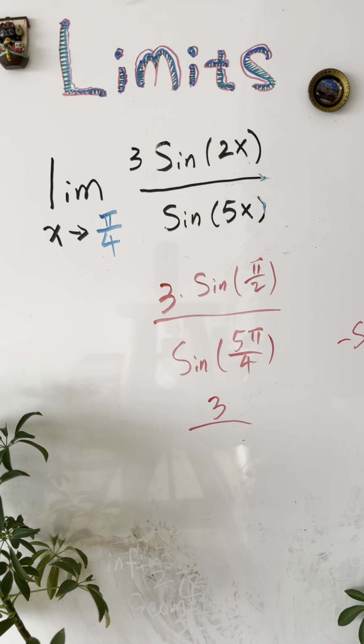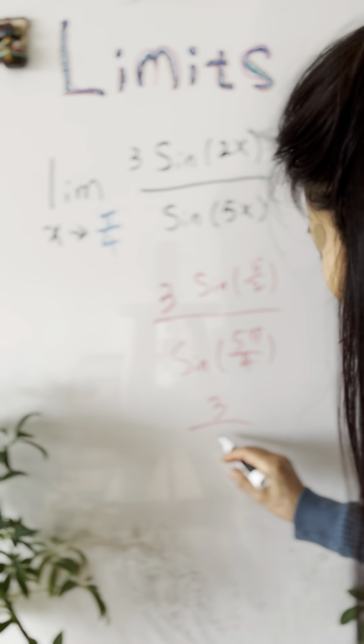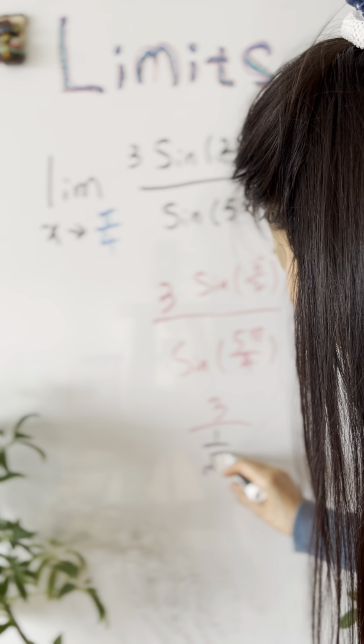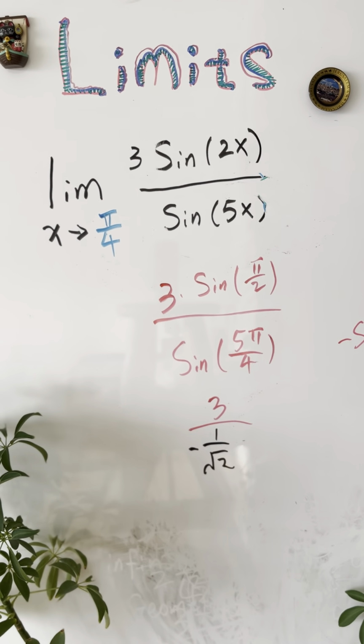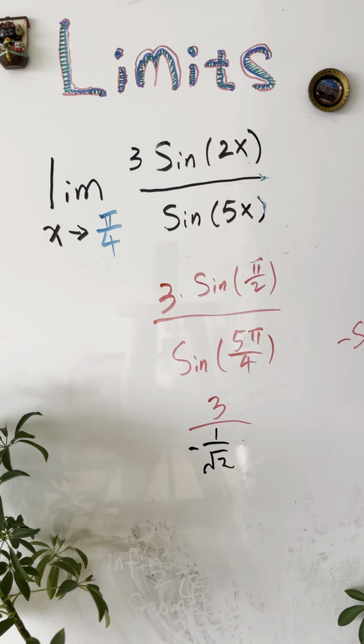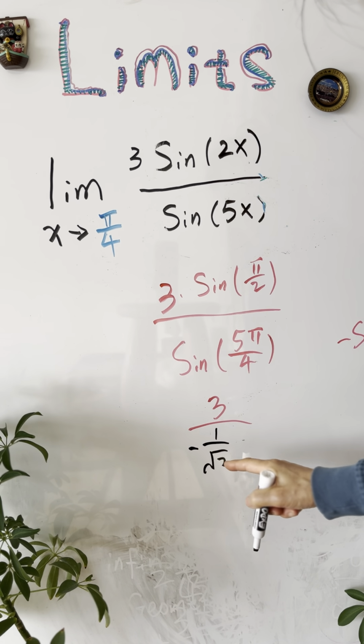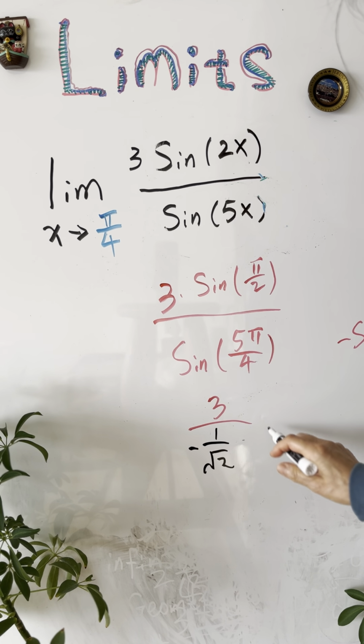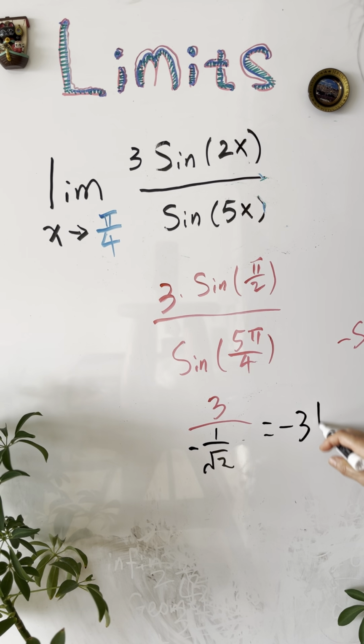We know sine pi over 4 is 1 over square root of 2, and in the third quadrant it's negative. 3 divided by this number is the same as 3 multiplied by its reciprocal. So we get negative 3 radical 2. This is the limit when x approaches pi over 4.